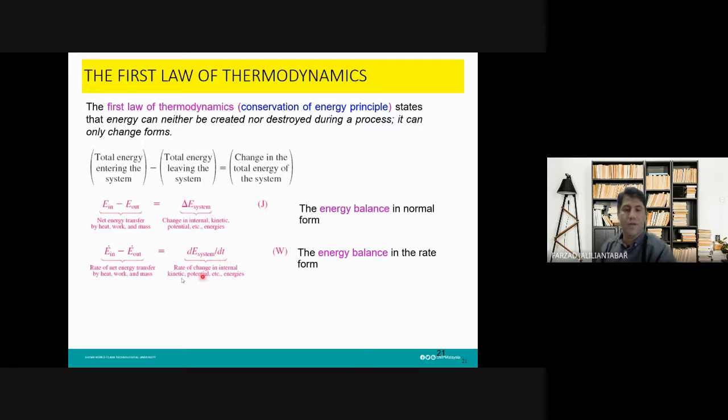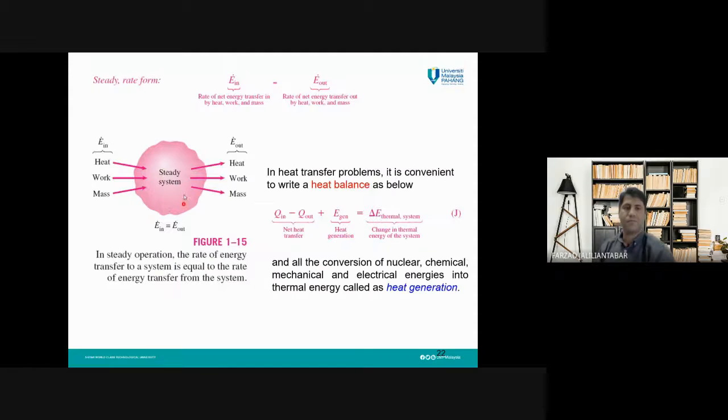So this one is the energy balance equation in rate form. Sometimes we are only interested in how much energy is transferred, and we don't care about the duration of the energy transfer. But sometimes the duration is also important for us, and then we can use this energy balance in rate form.